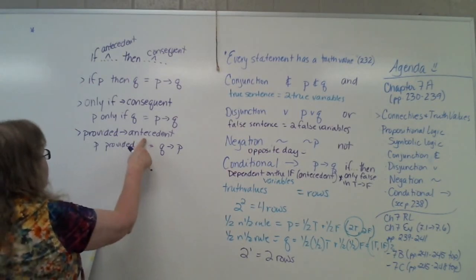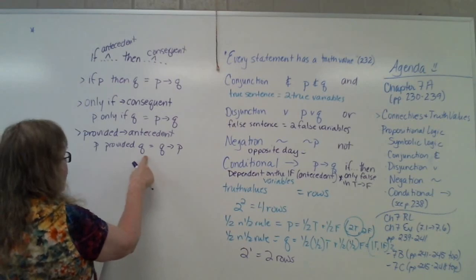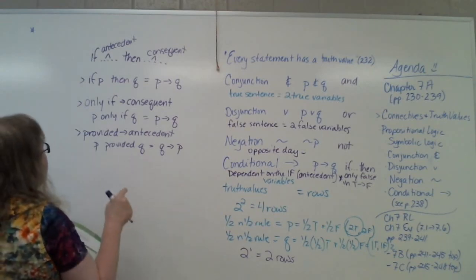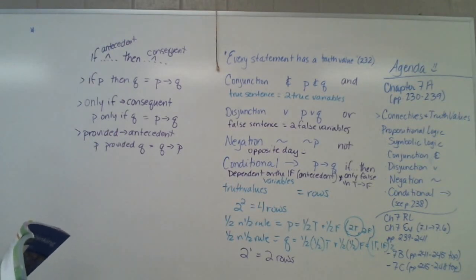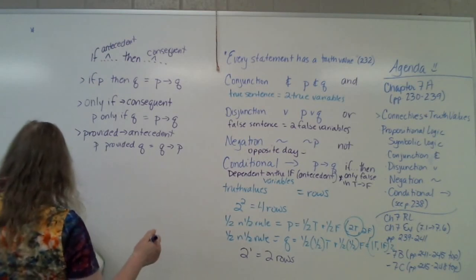Because it introduces the antecedent. Provided introduces the antecedent. We always, always, always label our phrasing before we start putting this thing together. Okay? The first phrasing, like I said before, is your P. The second phrasing, new phrasing, is your Q. Okay, and for now, that's all we're doing. We'll get to ours later, a couple days from now, maybe.